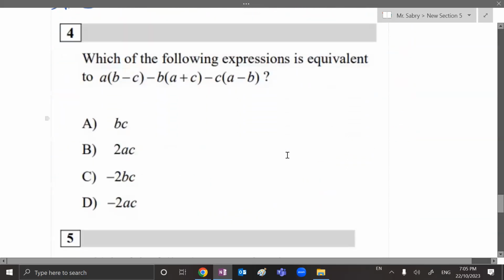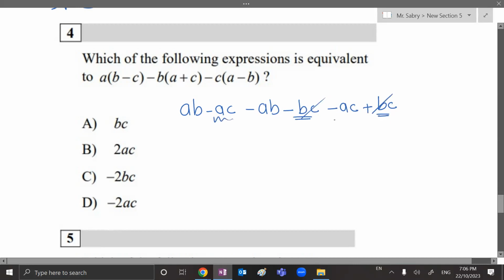Moving further to number 4, since we were distributing, that's AB minus AC, and then minus AB plus, minus again BC, and then minus AC positive BC. Like terms together. I have this negative BC with this positive BC, they'll cross each other.